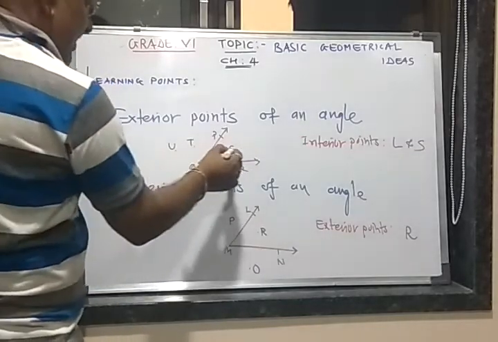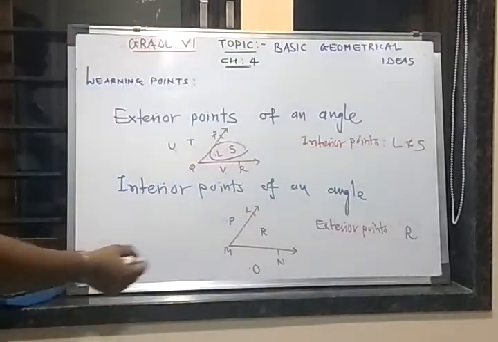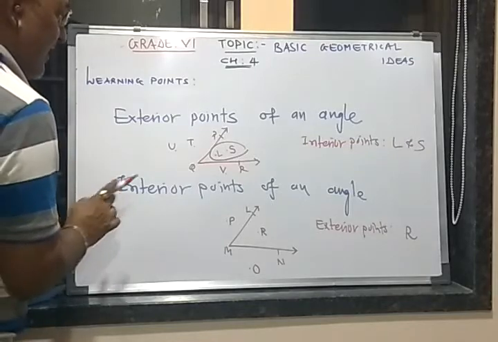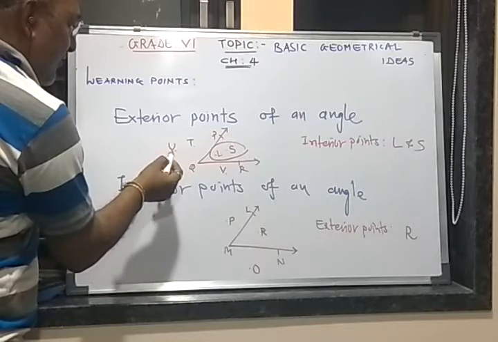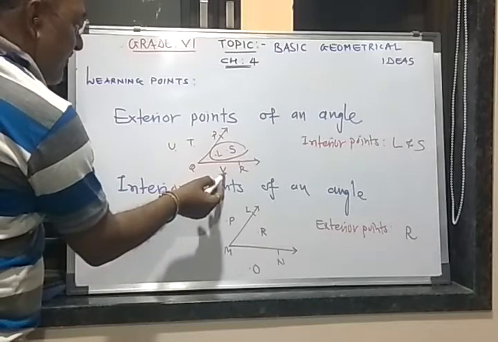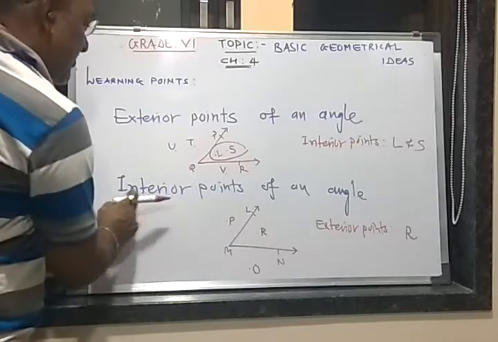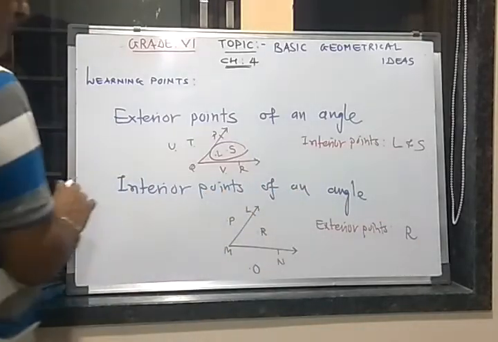So here you can see points L and S are interior points, while those points which lie outside of the angle, outside of the arms, are exterior points. So you see here U, T, V are the exterior points.